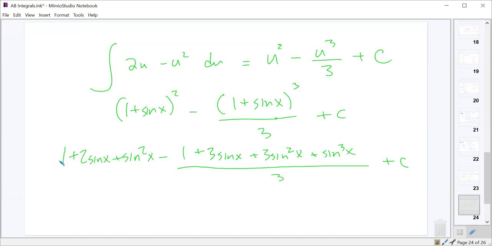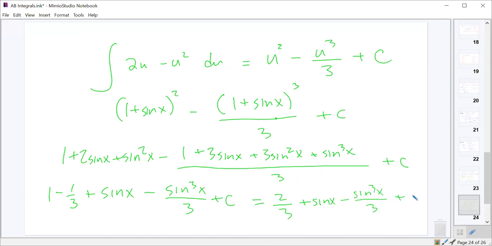So we end up with 1 minus 1/3. And then we have a 2 sine x, and then this is a minus sine x, so that's plus sine x. And then we have a sine squared x minus sine squared x, which will cancel, and a minus sine cubed x over 3 plus a constant, which gives us 2/3 plus sine x minus sine cubed x over 3 plus a constant.